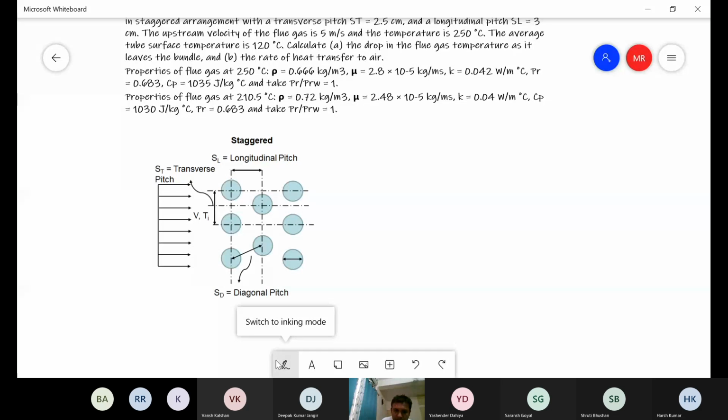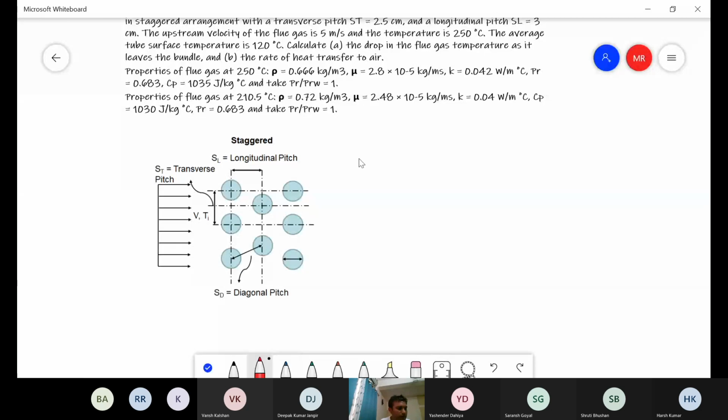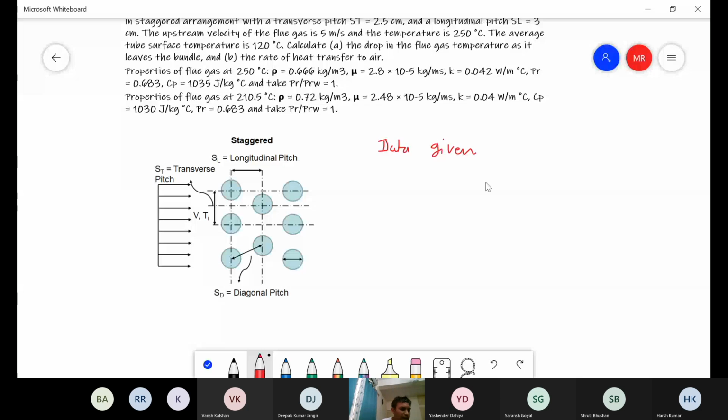So what is being given in this particular problem is, I will just write down the data. So data given is, longitudinal pitch is given, that is 3 centimeter. So this becomes 0.03 meter.